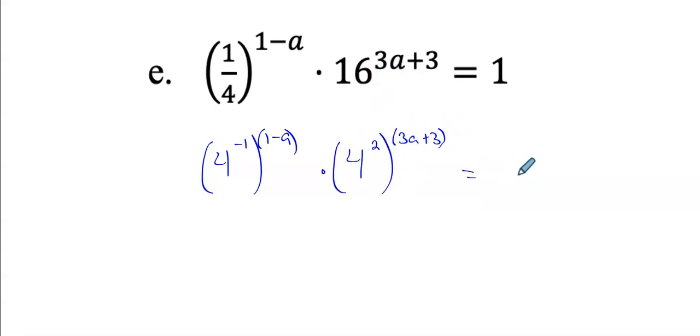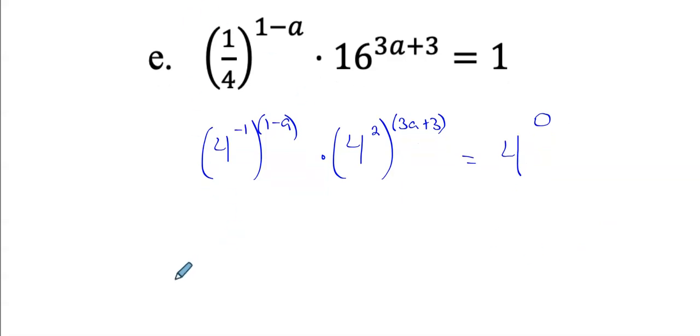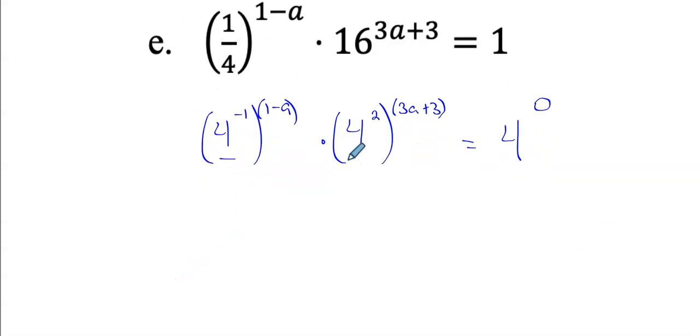And again, I need a common base of 4. 1 is 4 to the 0 power. Now all my bases are 4, and now I can just solve all my equations. So the first one is, my first exponent is negative 1 times that, which is negative 1 plus a.